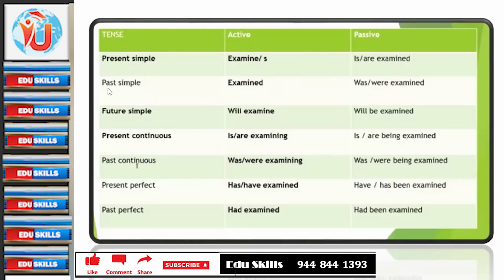Past simple tense: examined for the active voice, and for the passive voice was, were examined. Future simple: will examine, will be examined. Present continuous, we don't need this one. Only present continuous we can use, but only somewhere. So all this needs no explanation.